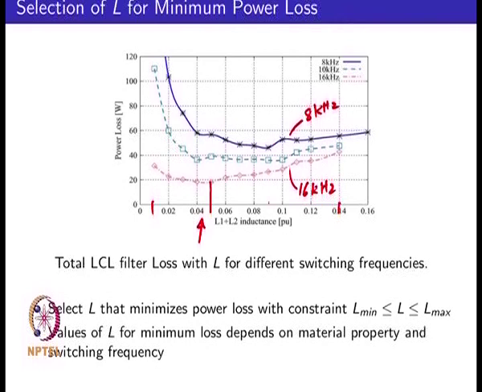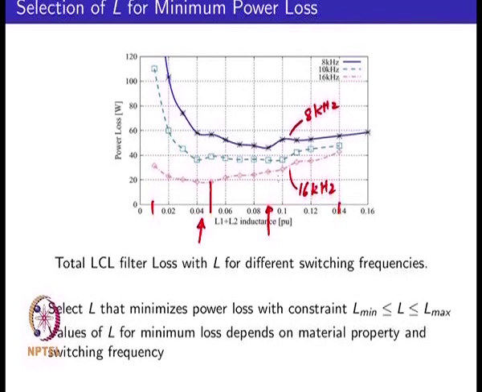if you look at the case when you are operating at low switching frequency, the desired value of the total inductance L1 plus L2 shifts to a higher value of LT, about 9%. So, at 16 kilohertz you are having a minimum loss around 4%.